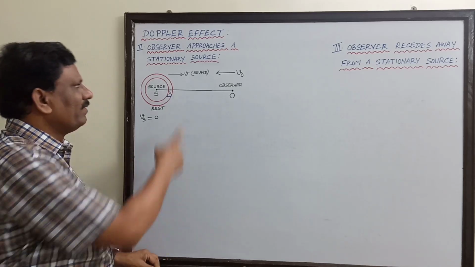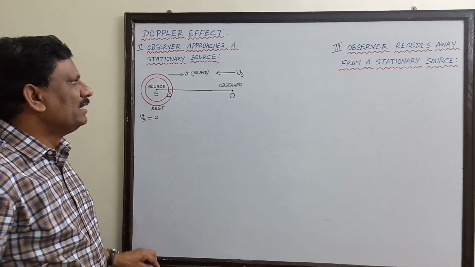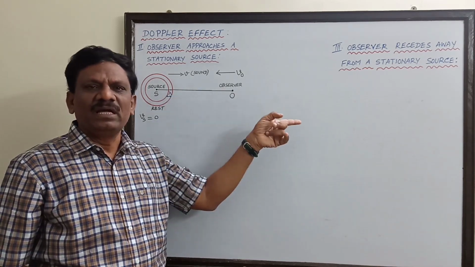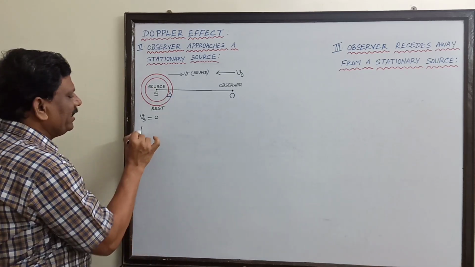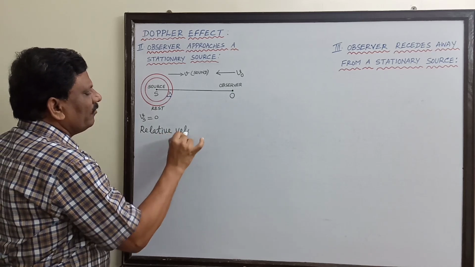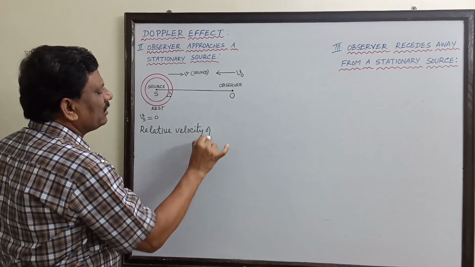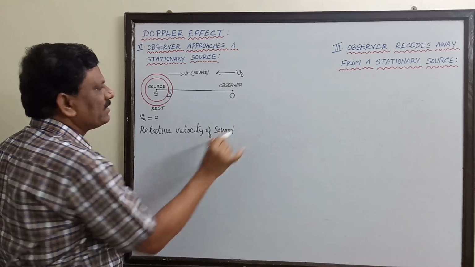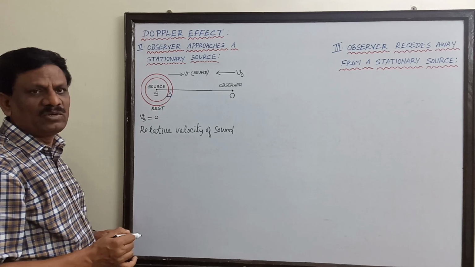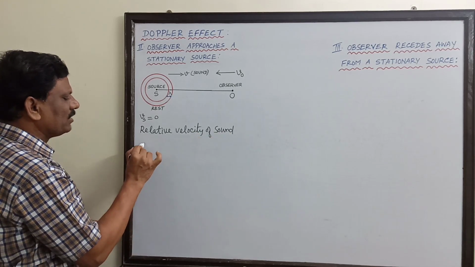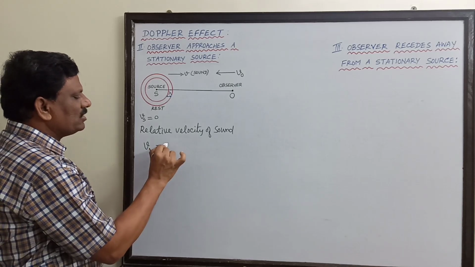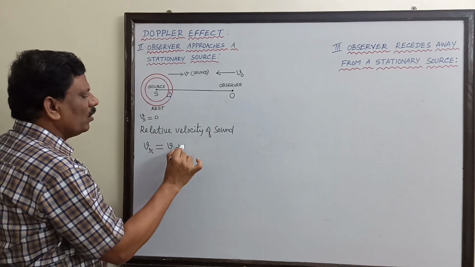So the actual velocity of the sound is V, and there will be a relative velocity of the sound with respect to the observer. So what is the relative velocity of the sound? The relative velocity of the sound or waves, any waves, light waves also, same concept. In this case I have taken the source of sound. So the relative velocity VR is equal to V plus VO.